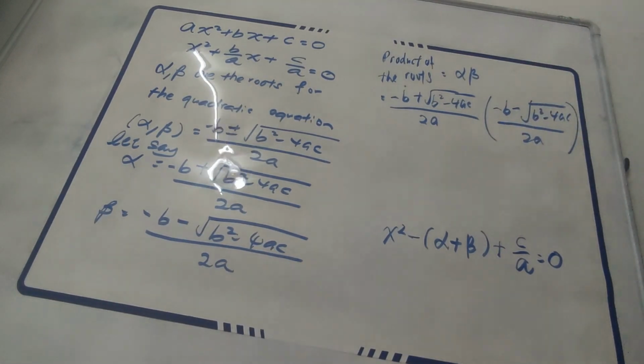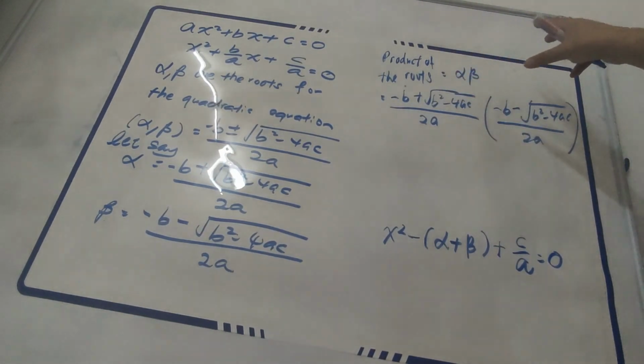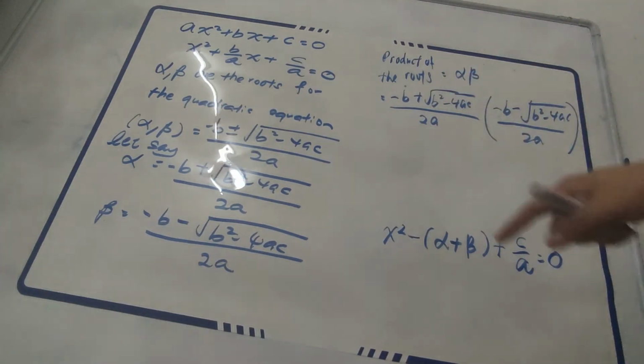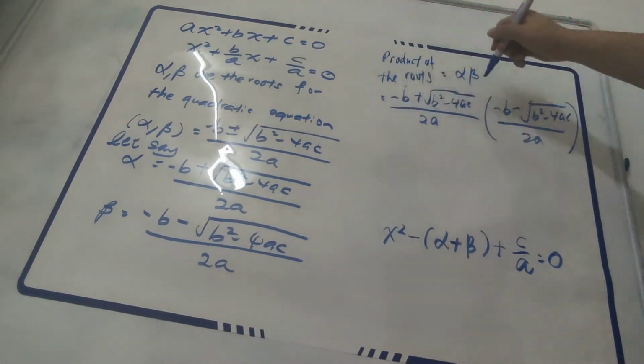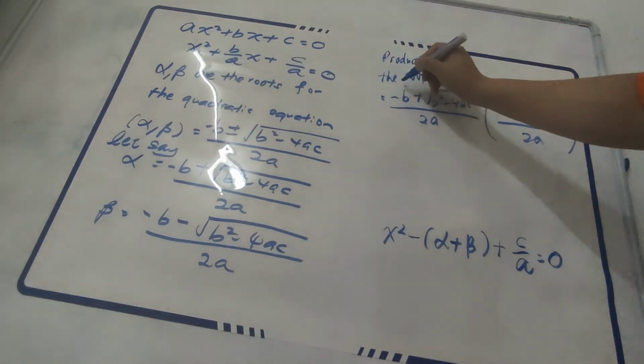When you see this, it is quite difficult, but if you have studied some algebra, imagine this is a and this is b.